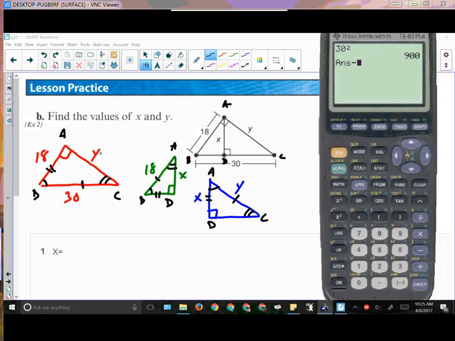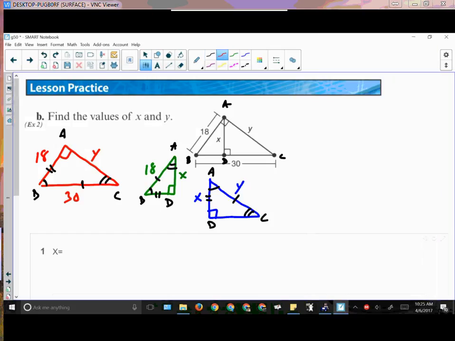It's a squared plus b squared is equal to c squared. So if I take 30 squared, subtract off 18 squared, I get that value. Then take the square root of that, and I end up with 24. So now I know that Y is 24. We've got that piece of information.